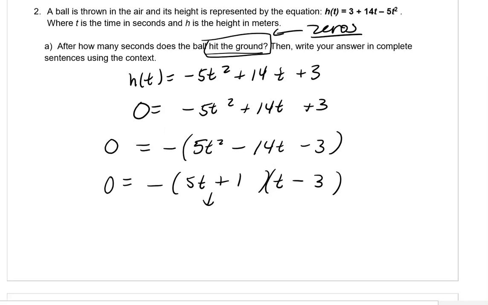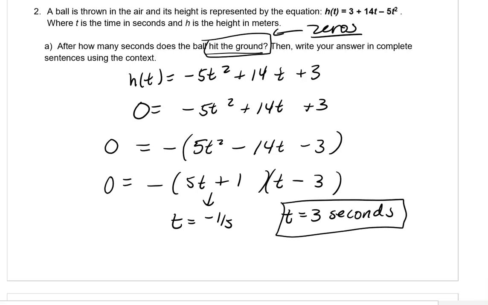Okay, so here I got two answers, but one doesn't make any sense because I get t is negative 1/5, and I also get t is 3. So t is 3 seconds when it hits the ground. And this negative 1/5 is telling me that, because we started at a height of 3 right here, this is at negative 1/5.